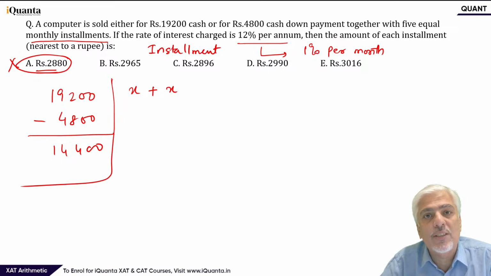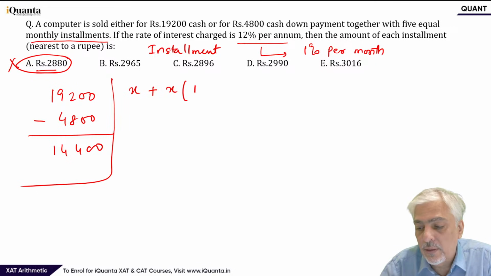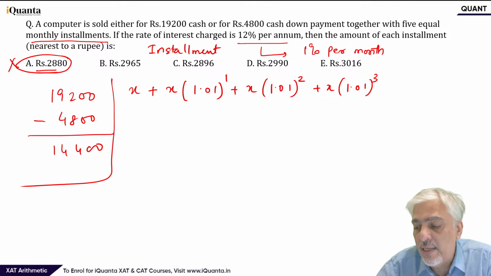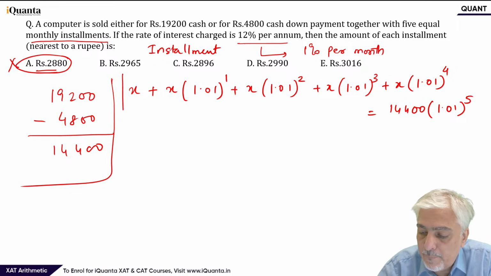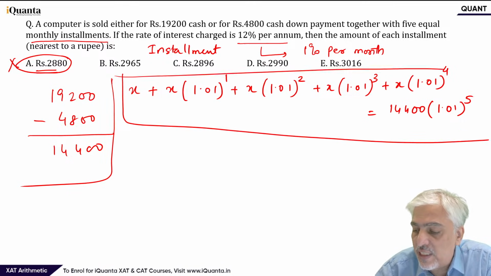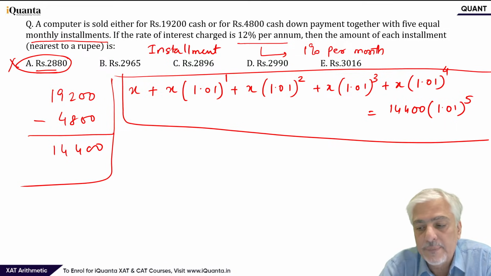So 1% will become 1.01. 1.01 raised to 1 plus x into 1.01 raised to 2 plus x into 1.01 raised to 3 plus x into 1.01 raised to 4 is equal to 14,400 into 1.01 raised to 5. Simply every single time you use this method, you will get the answer.